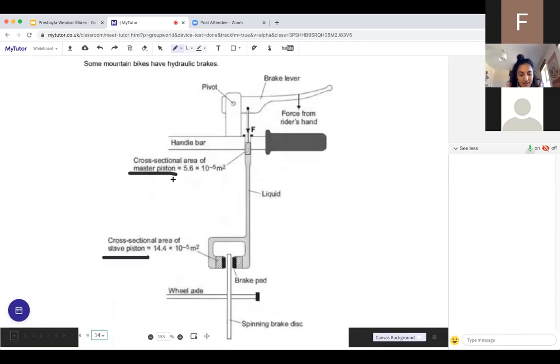So we can see that the area of the slave piston is bigger than the area of the master piston, so 14.4 and 5.6. Now, because the area of the slave piston is greater than the area of the master piston, that means it's going to be a bigger force.